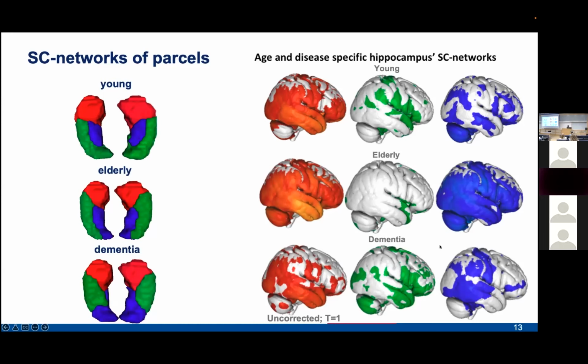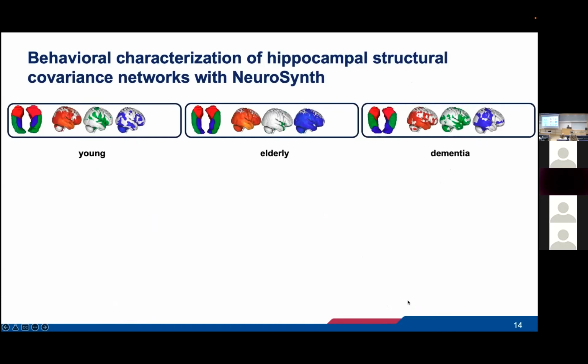And compared to the elderly, we saw that the green structural covariance network expanded, especially in the frontal and temporal regions.